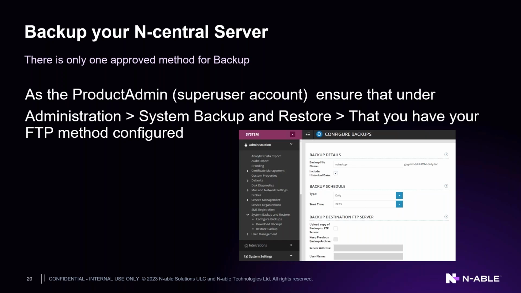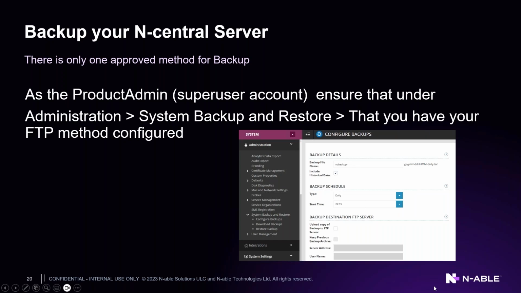Effectively, you have to turn off N-central, do a snapshot, and then turn it back on. That is approved. You can do that. However, N-central is always kind of moving. If you do a live or what we call a hot snapshot, there's a potential that it won't restore. So just know that this is the only true method.